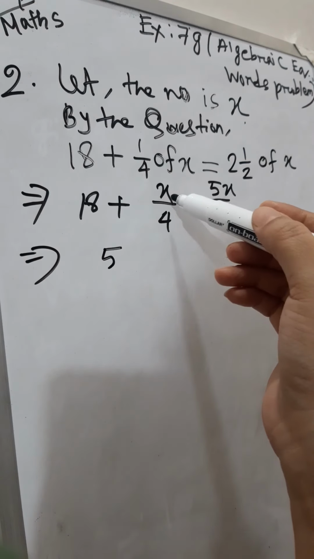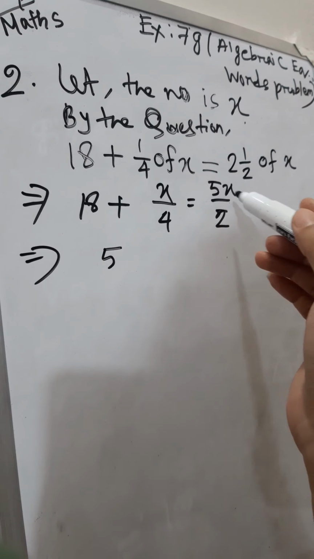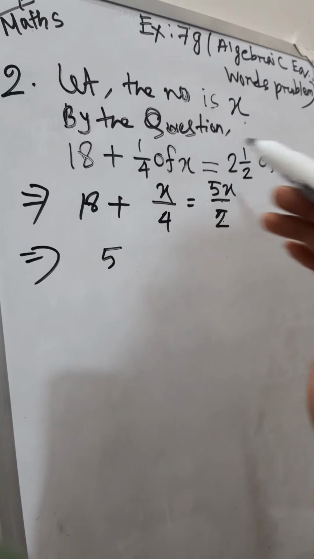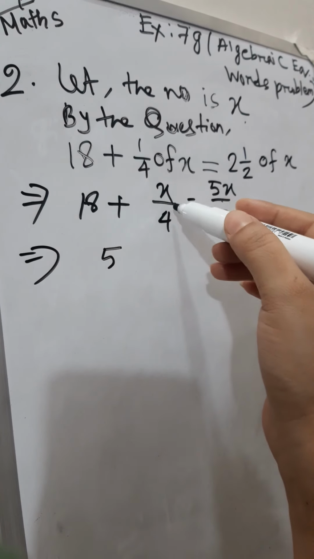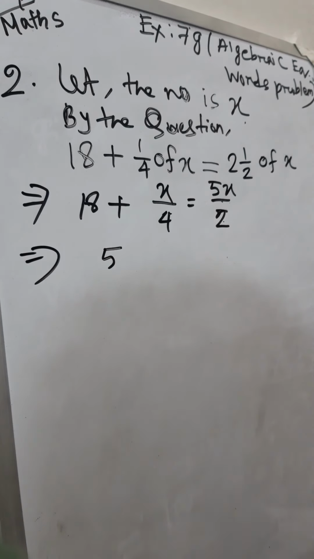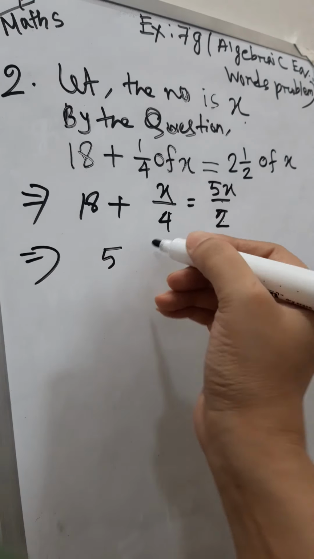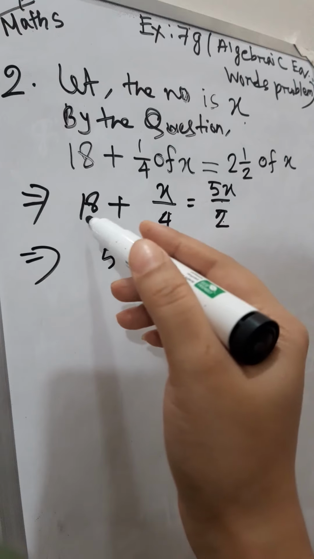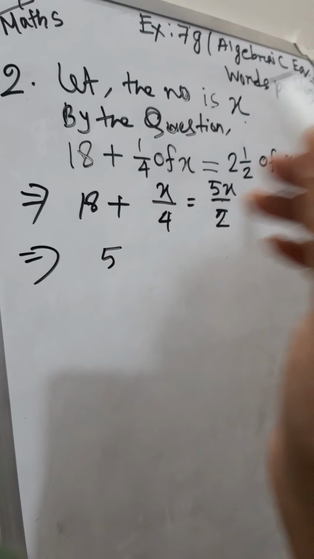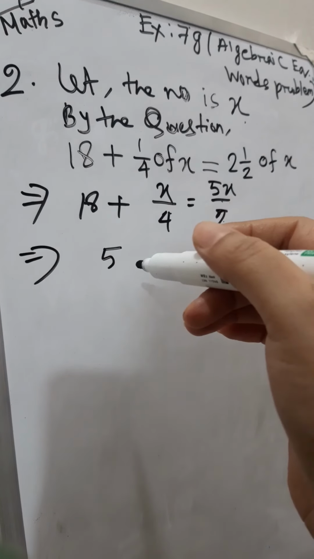Right, now what I will do, there are two ways. You can bring x by 4 and 5x by 2 to this side and take 18 to that side, or you can take 18 to this side and x by 4 to that side. It depends on your choice, but I always prefer to keep the number term on that side and all the x on this side.